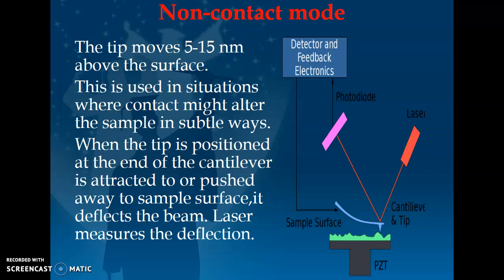The AFM then produces a visible profile of even the small hills and valleys that make up the sample surface. That is, it can measure even the small ups and downs in the samples, and it is found to be superior to the electron microscope.